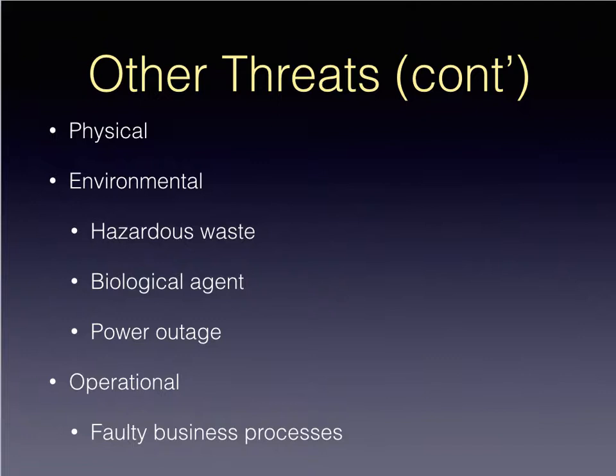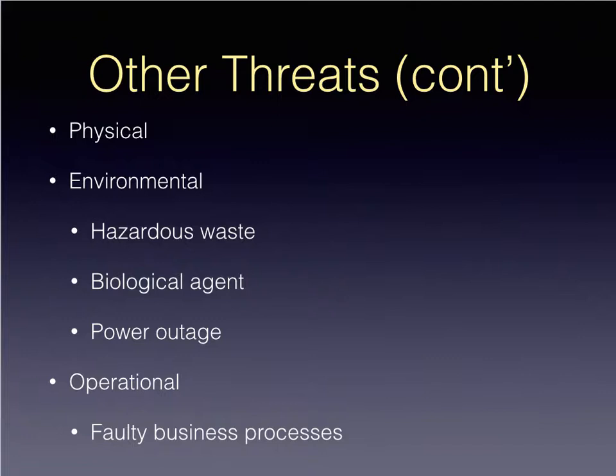Physical threats are something that are often overlooked. A physical threat is the potential for an attacker to come through locked doors to get physical access to servers and workstations.